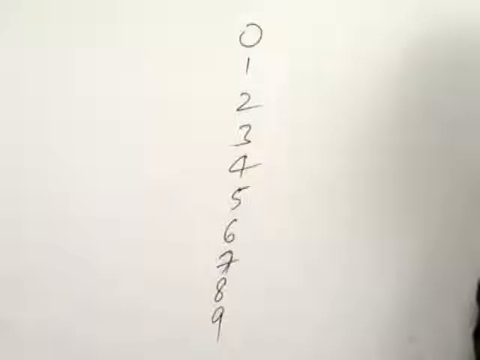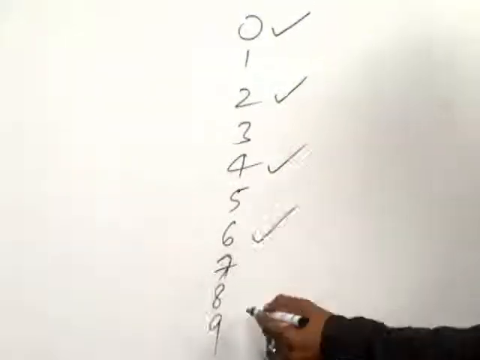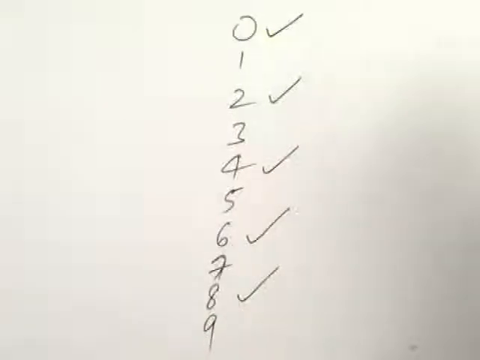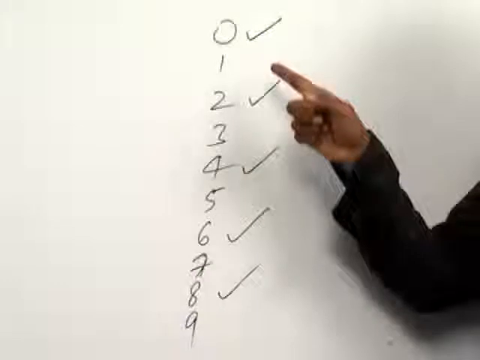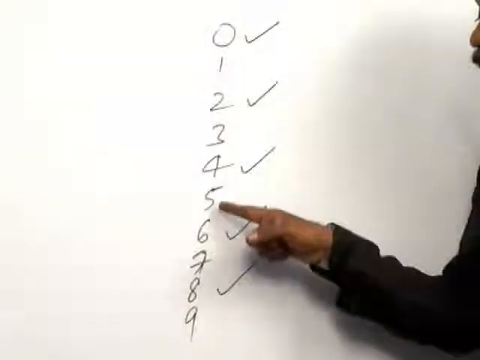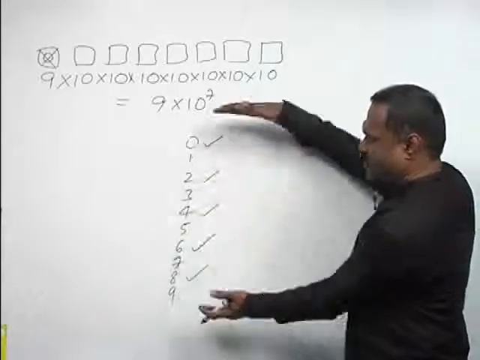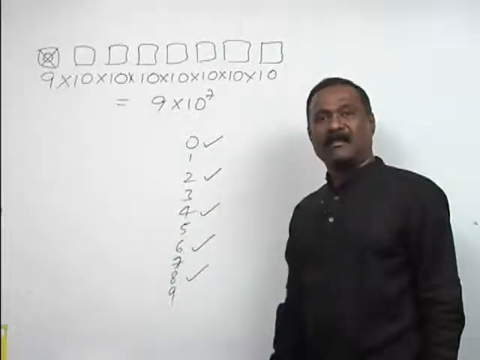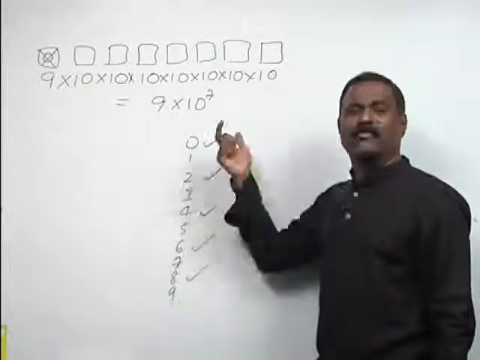You know that. 5 digits are even and 5 digits are odd. That means all these digits, you can understand, they are equal in number, 5 even, 5 odd.